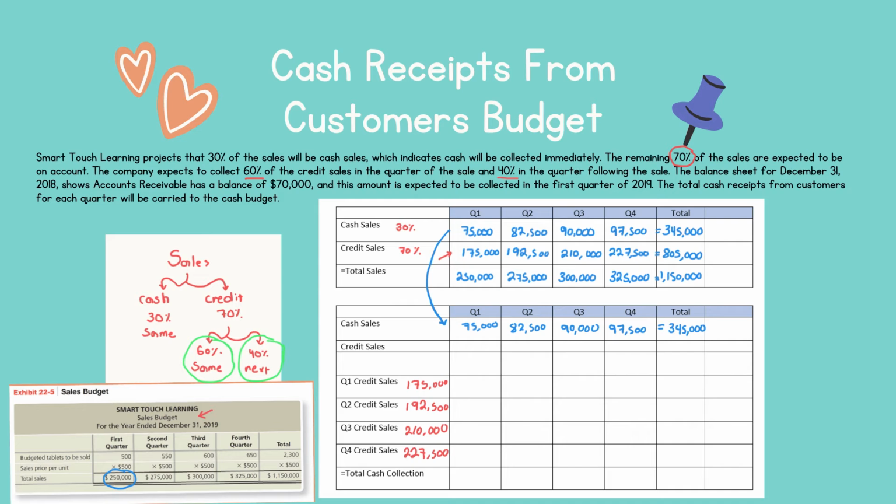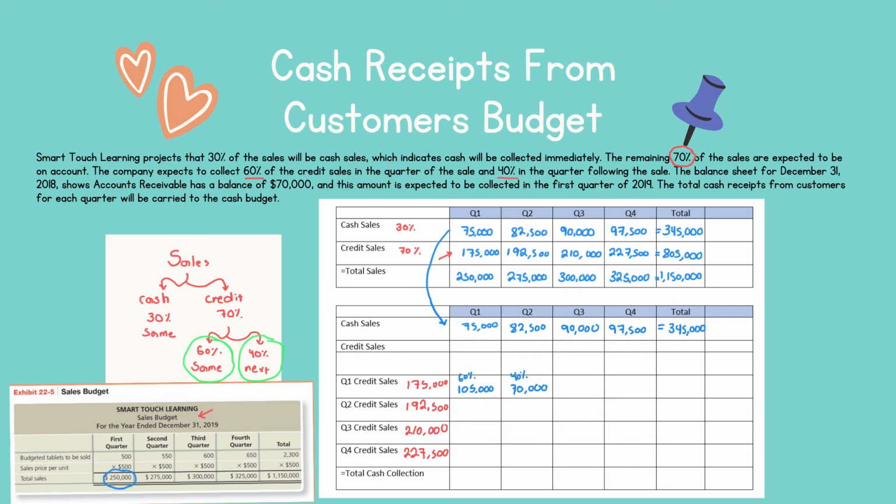So 60% of quarter 1 credit sales will be collected in quarter 1. So 60% times 175, it's gonna be 105. This is the 60%. And here the 40% will be collected in the following one. So 40% times 175, it's gonna be 70,000.